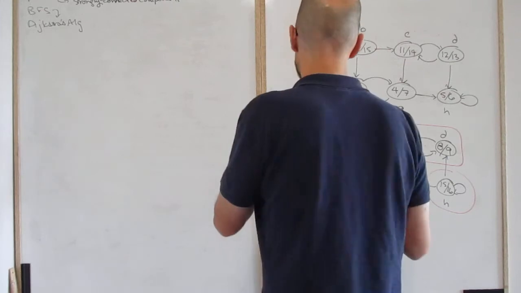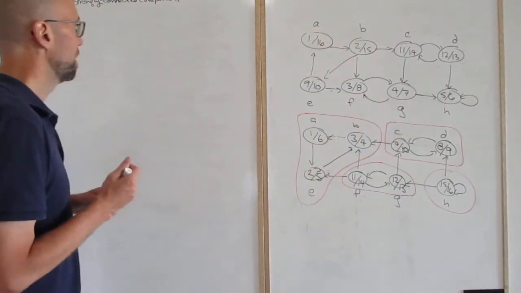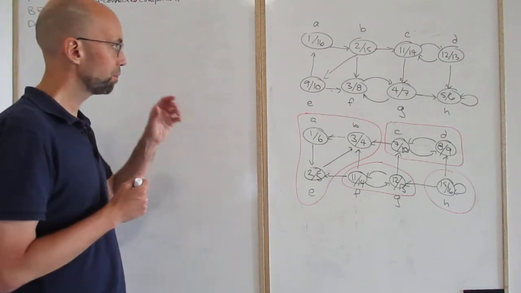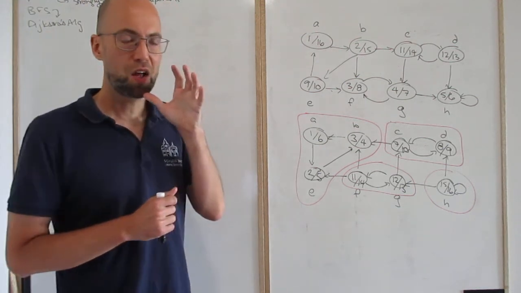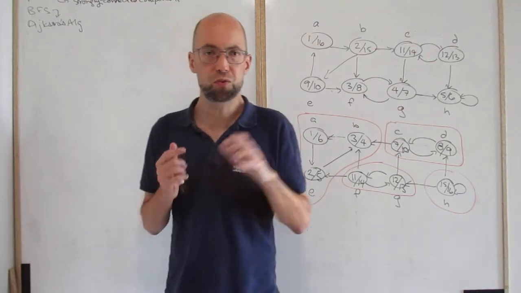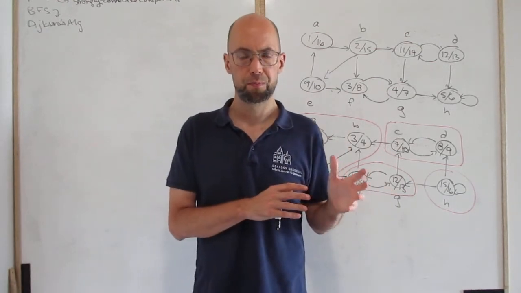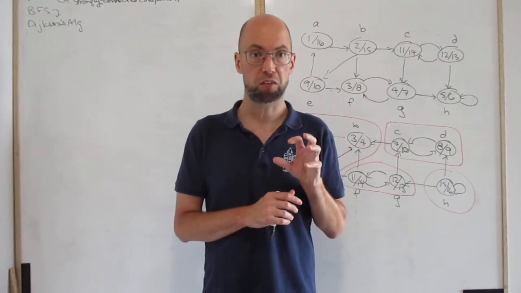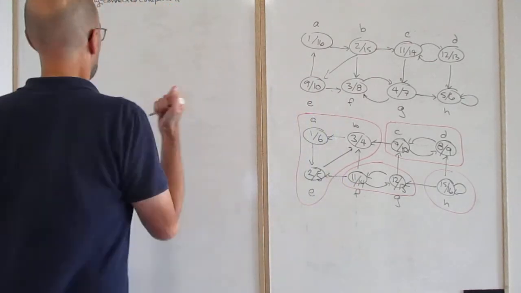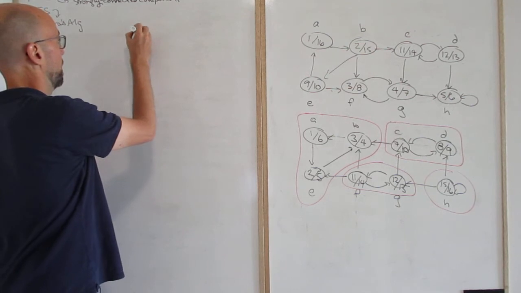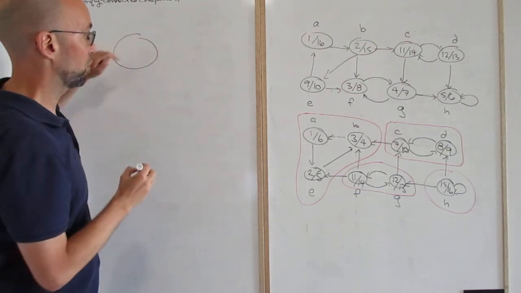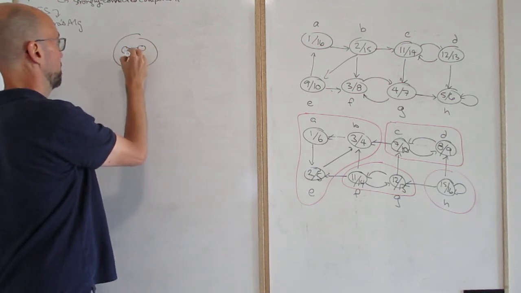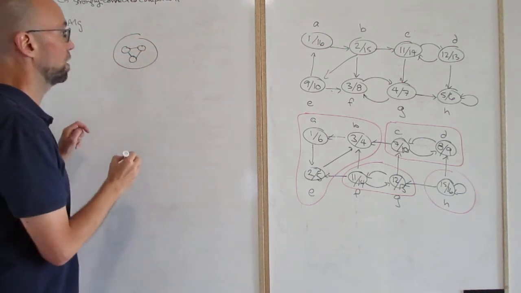So imagine you knew the connected components somehow. And you drew another graph where each connected component was a single vertex, right? So you have a vertex, and this vertex represents, say, A, B, and C. Okay?